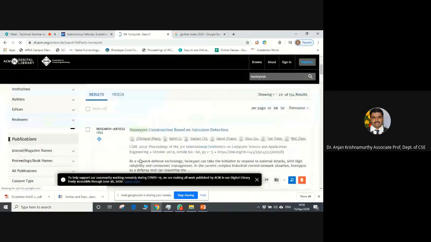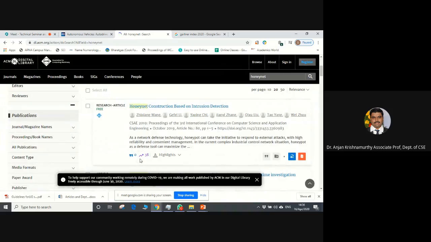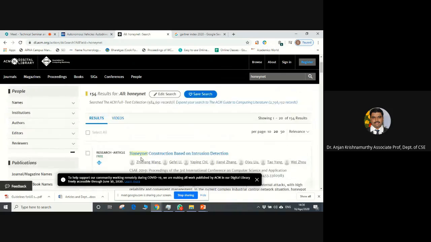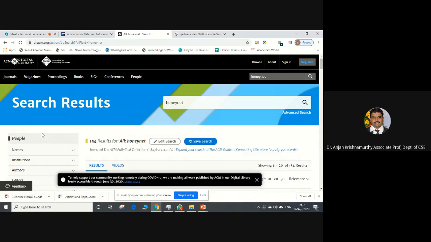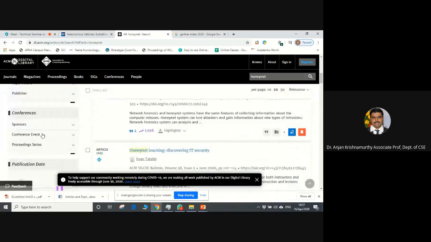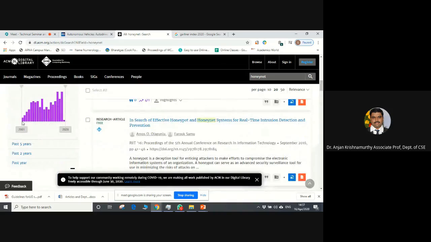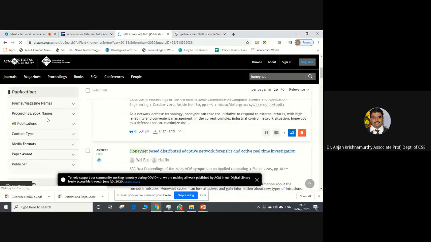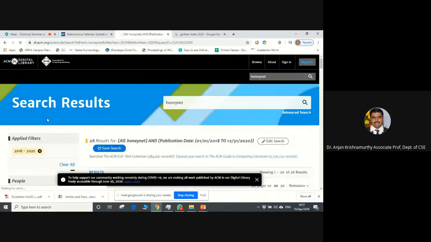You can search the latest results in intrusion detection systems. You can also refine based on the search settings that you want, slide the dates and things like that, and search for the latest papers in that particular domain.